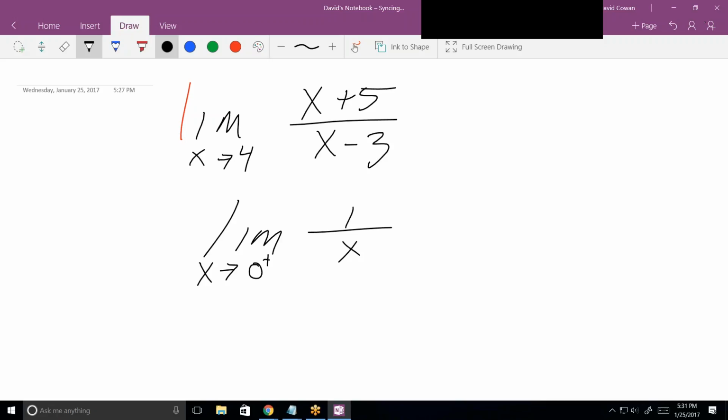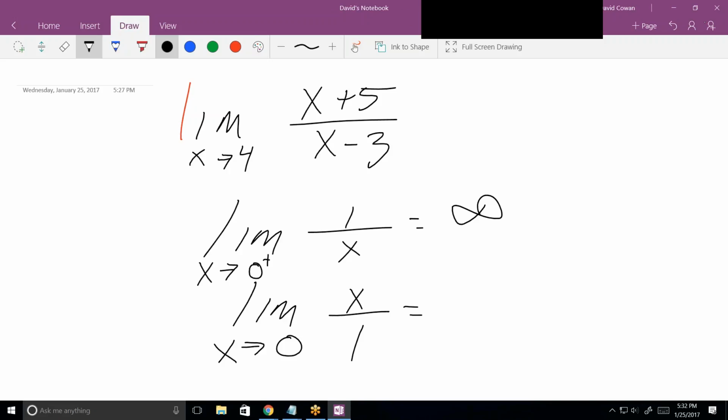Have you done left and right-sided limits? Yeah. So what's that? Would that be infinity? Yes, very good. And finally, what's the limit of x over 1 as x goes to 0? Does not exist. No, that's 0. Oh. Okay. Usually you get your does not exist.